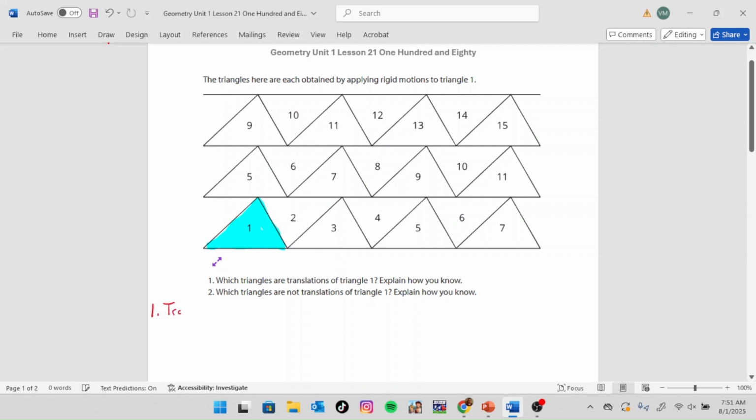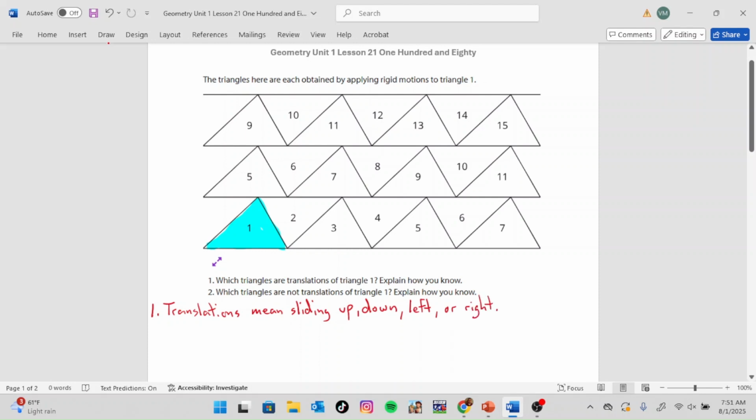So remember that translations mean sliding up, down, left, or right.